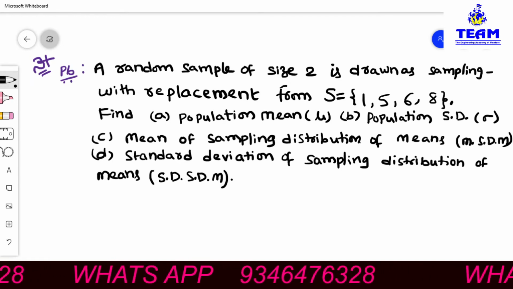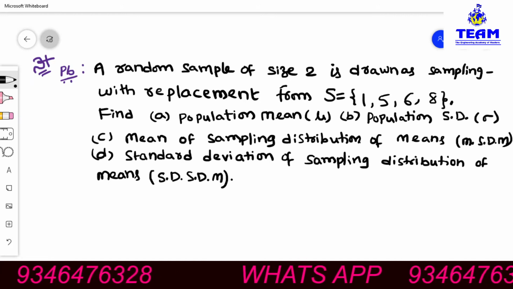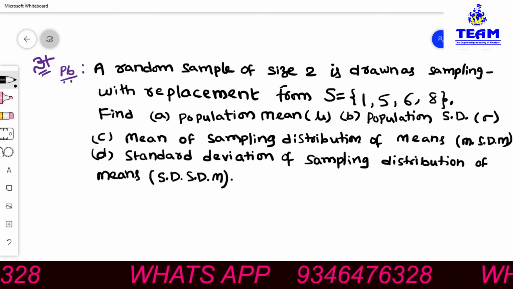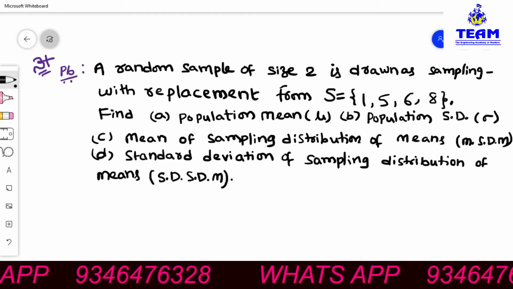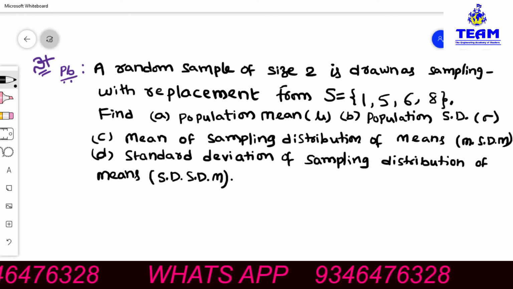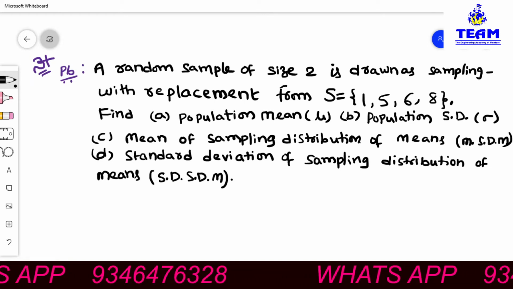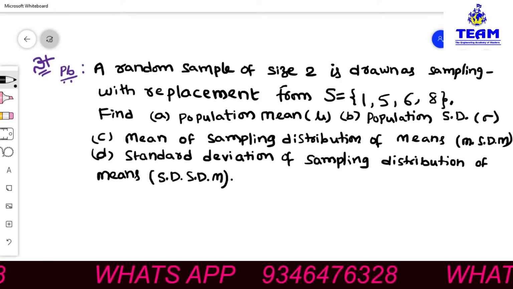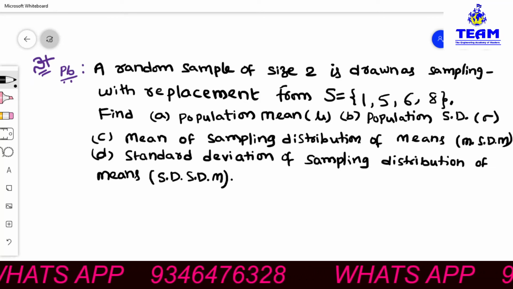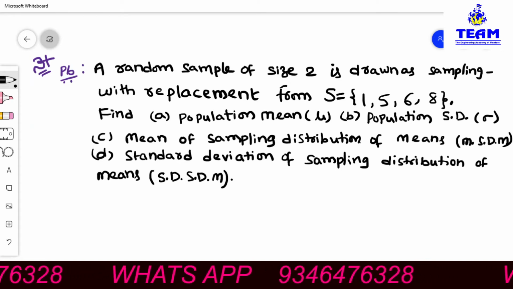Then we have to find first one population mean, second one population standard deviation, third one mean of sampling distribution of means, and last one standard deviation of sampling distribution of means. Of course, this problem is similar to the previous one.